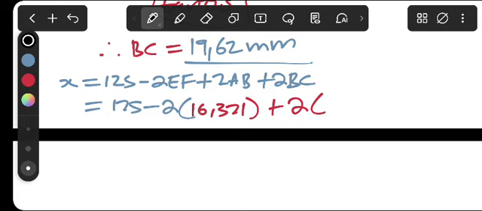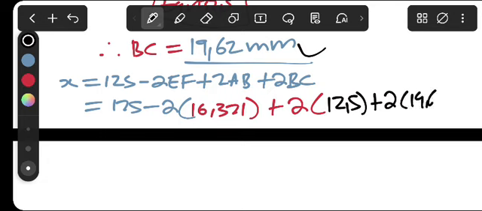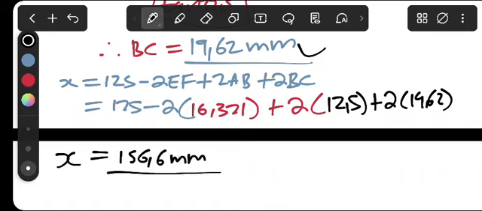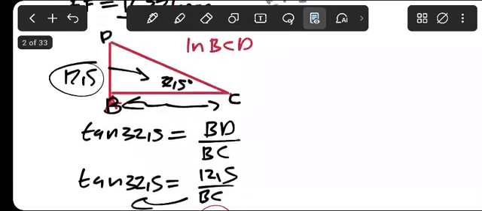Radius is the same as 12.5. Plus 2, what is BC? Here it's our BC, simply 19.62. If you punch all of that, we'll have 156.6 millimeter. That is the value of x.